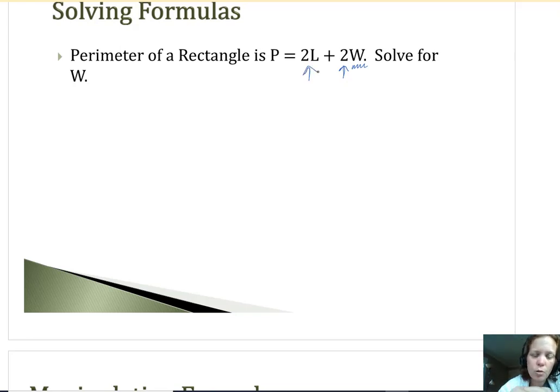Think of it like the 2L is farther away. Let me rewrite this. 2L plus 2W. 2L is not as attached to the W, so let's move the 2L first. If we think about what's happening between them, it's addition. So we are subtracting 2L.